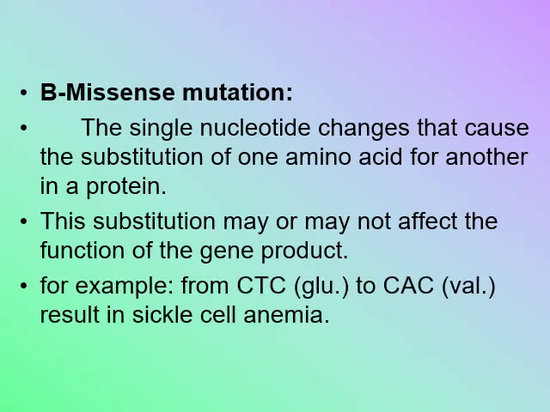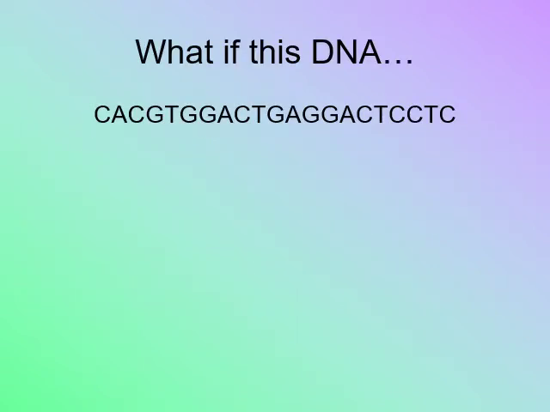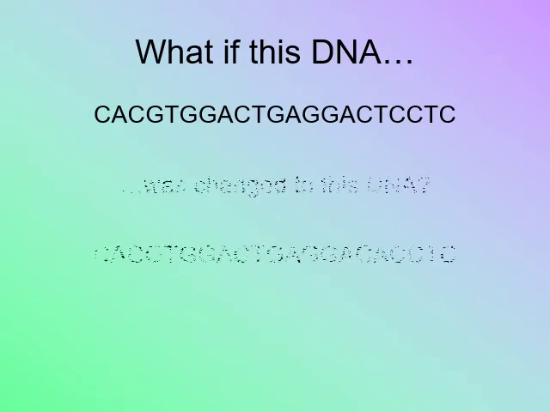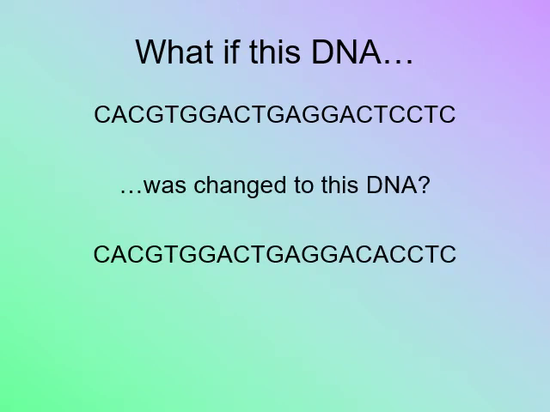For example, if CTC, which codes for glutamic acid, changes into CAC, which codes for valine, it results in sickle cell anemia. What if this DNA was changed to this DNA? What does it matter?